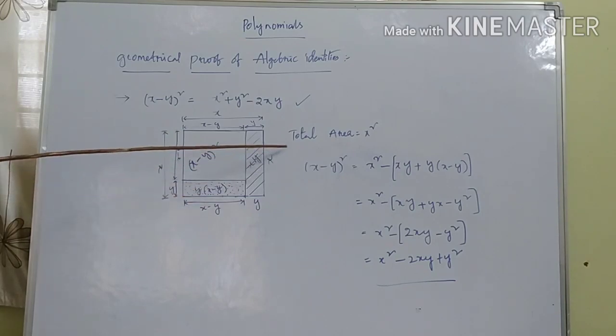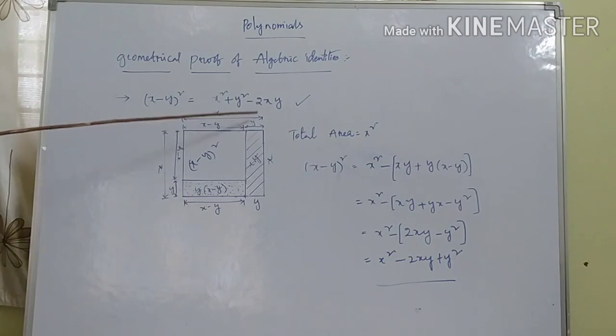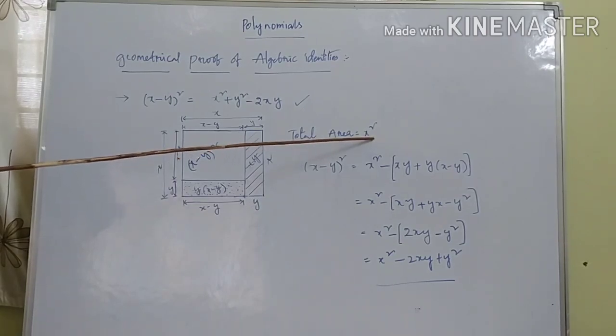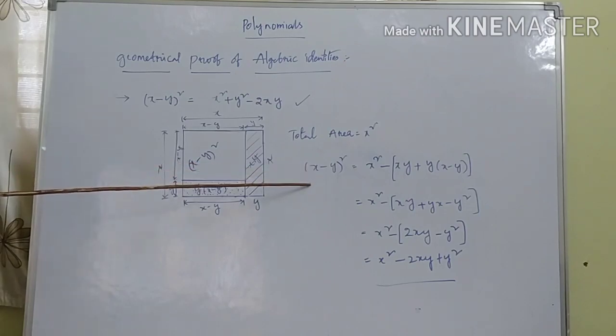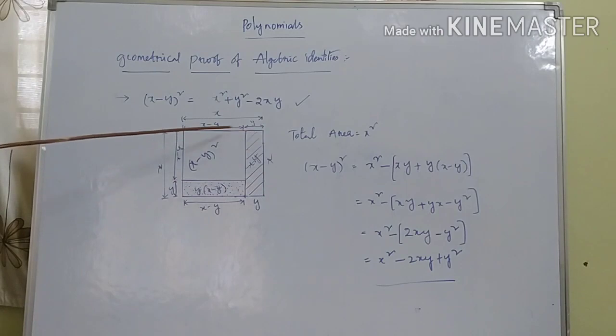We know that the total area of the square is x into x, that is x². We require a small piece, that is (x − y) whole square. So (x − y) whole square is equal to the total area minus the summation of these two rectangles.